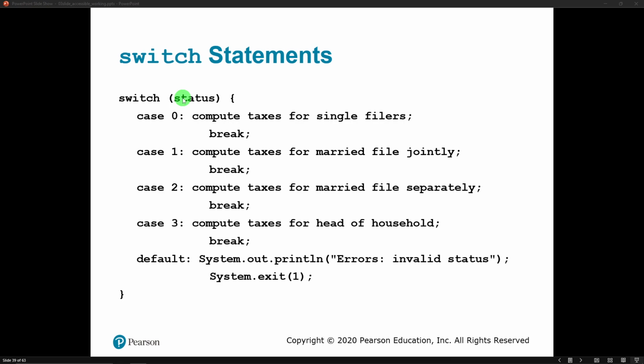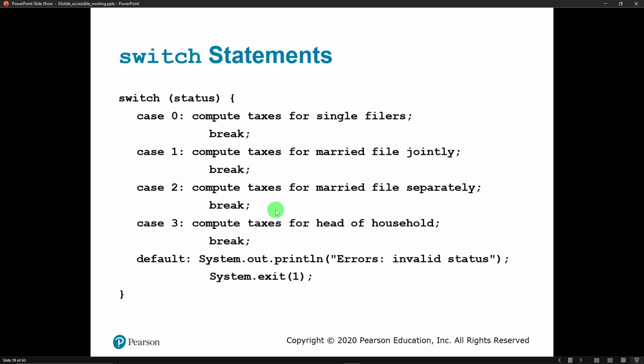So you're limited on what you can use with a switch statement. But basically, whatever the value of status is, it's going to look for a case that matches, and then it's going to do whatever code goes along with that case. And obviously, we can use code blocks here if we want to.